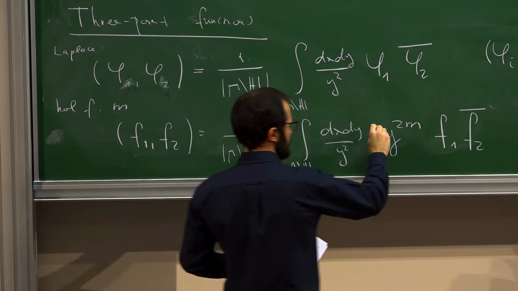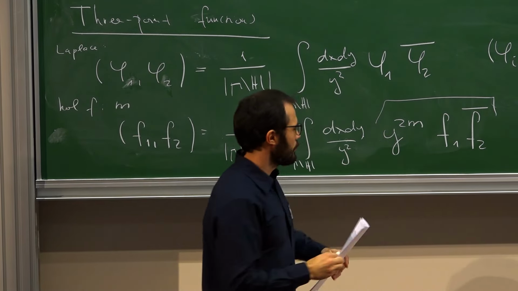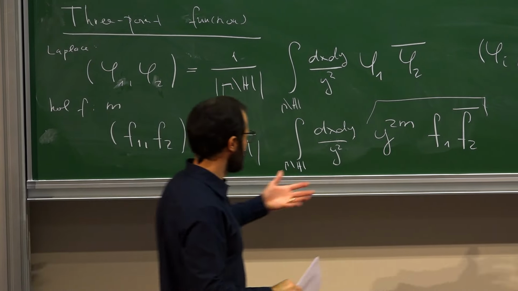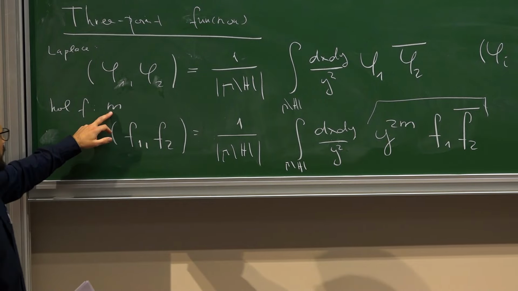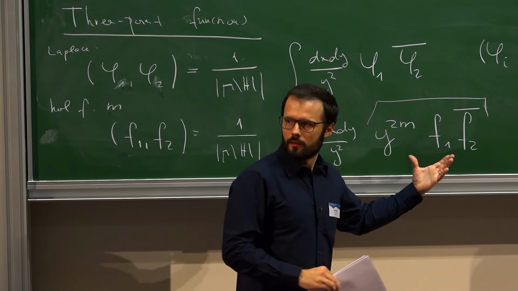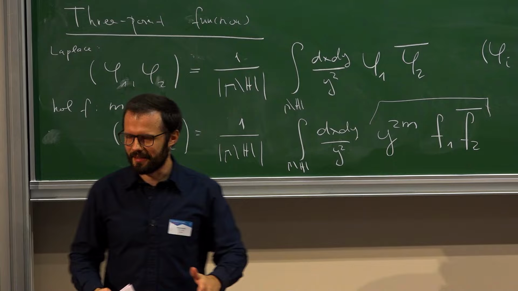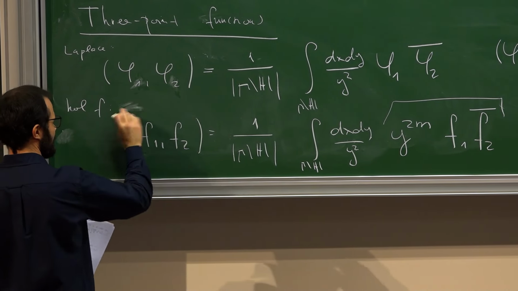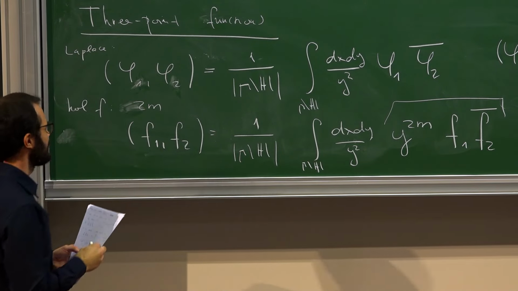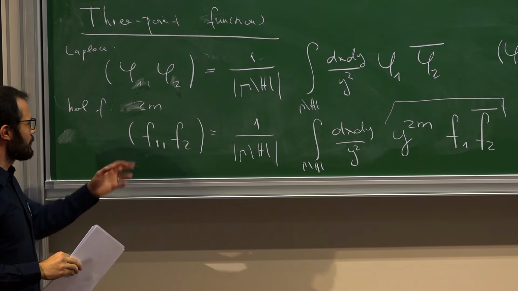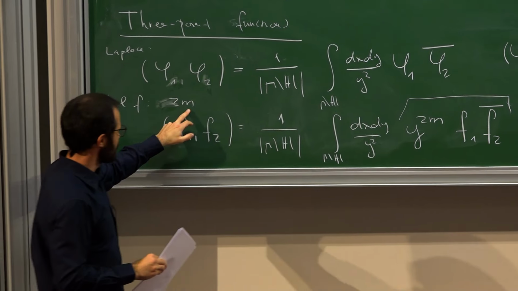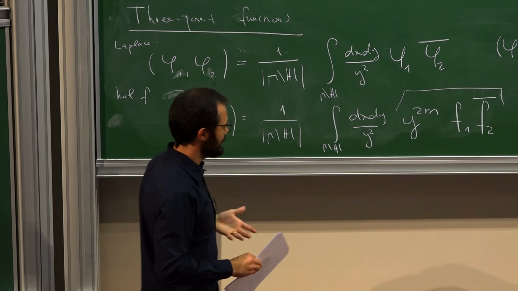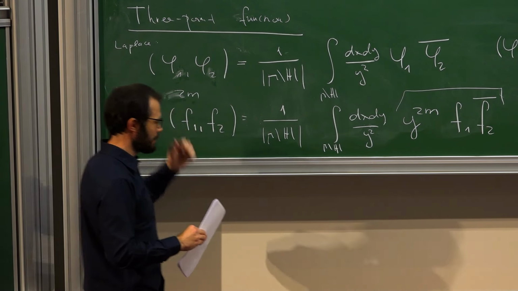So the point is that if F1, F2 both transform as holomorphic modular forms for any gamma of weight 2m, sorry, yes, weight 2m. Thank you. It's somewhat more natural from the rep theory point of view to use m instead of 2m, but the weight is universally called 2m.